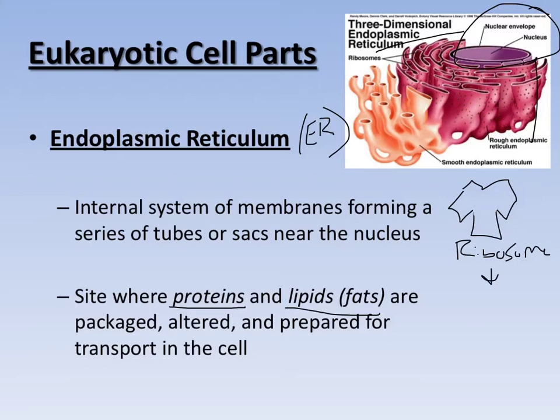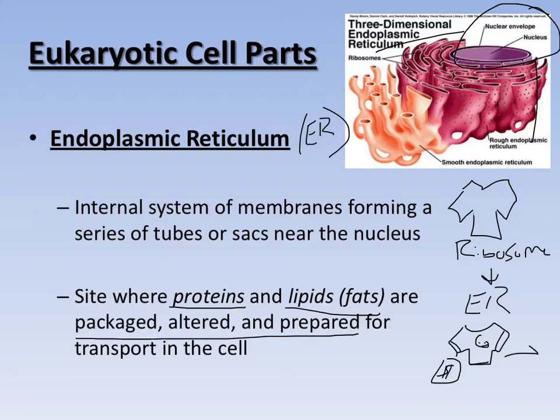We make a plain t-shirt, and then we're going to pass that on to the ER, where it is packaged, altered, and prepared. So when we go to the ER, we maybe put on the little decal of the British person. We add maybe some other details to it, and then we also put a price tag on it, right? And we ship that out to the next step. So that's sort of what the ER will do.